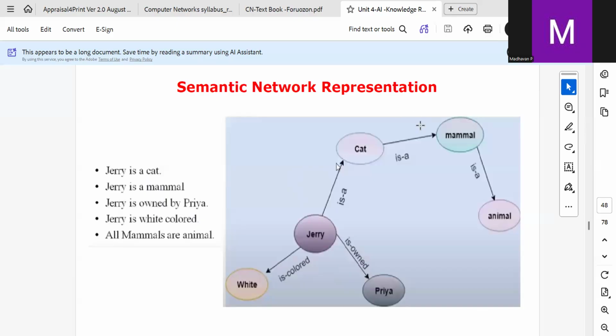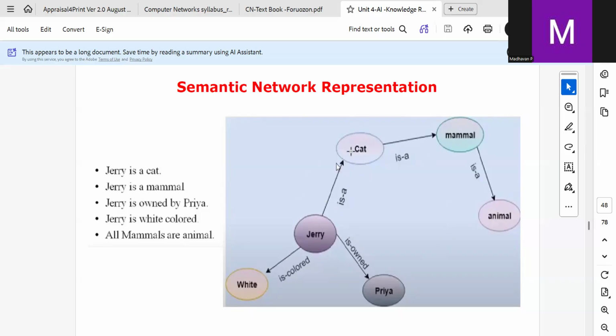This is a simple example using semantic network representation. Here, if you look at each and every point, they are all the nodes categorizing the characters. So this one, Jerry. Now, if you take this node, Jerry, this guy, it is a cat.